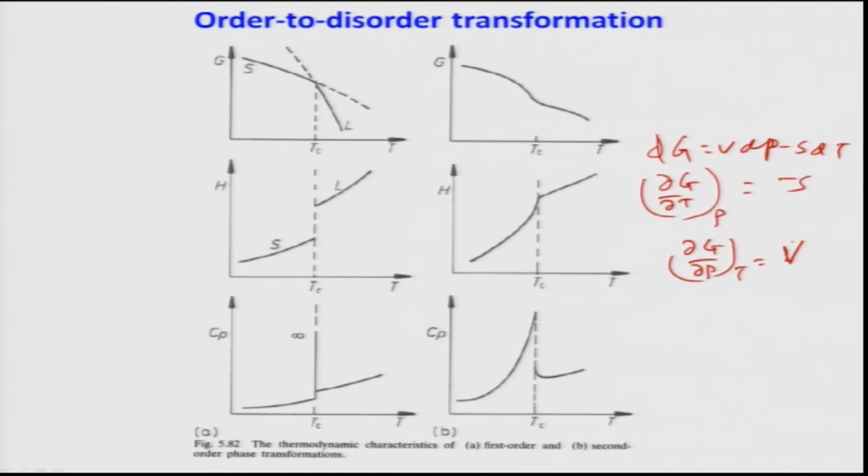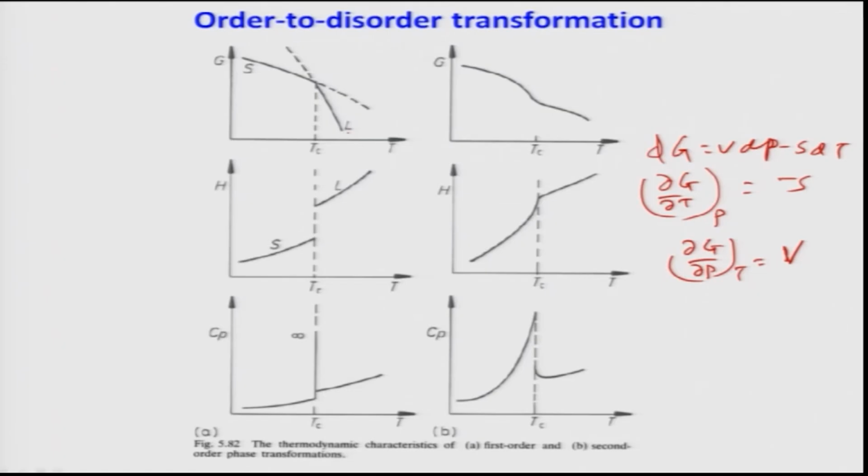Now, if in a transformation the zeroth order derivative, which is the function itself, is continuous till the transformation temperature, that is what you see here. The entropy is continuous, the volume is also continuous. But if the first order derivative is discontinuous, then it is called a first order transformation.